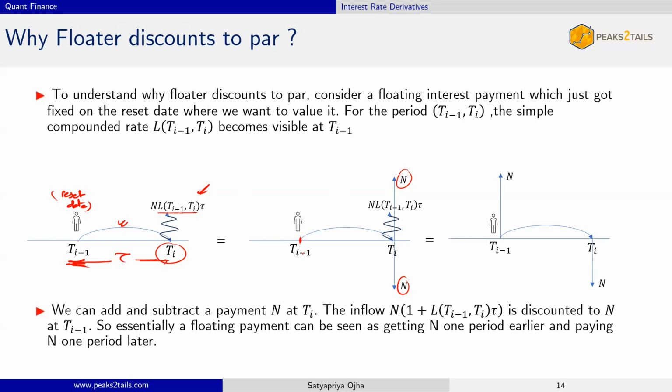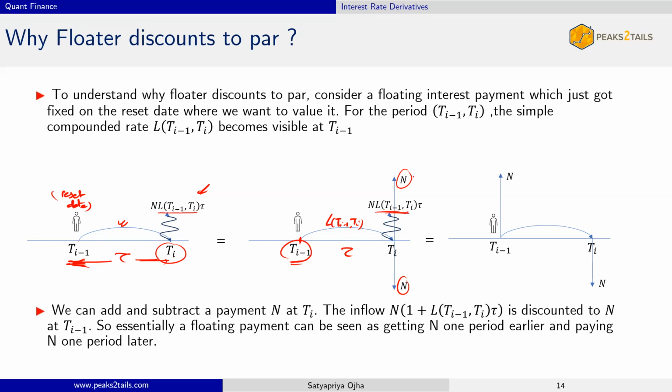If you're standing here on that day, you're seeing this rate L Ti minus 1 to Ti. This would be your spot rate standing at Ti minus 1, which is applicable for a maturity tau. Agree? That's known. Other things are not known, but this much I know. The spot rate for the time to maturity tau standing on this date is L Ti minus 1 to Ti. And the same one goes in the coupon payment.